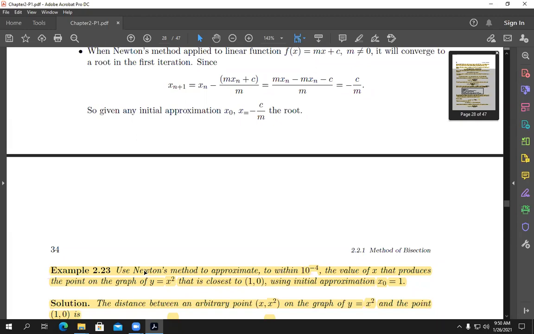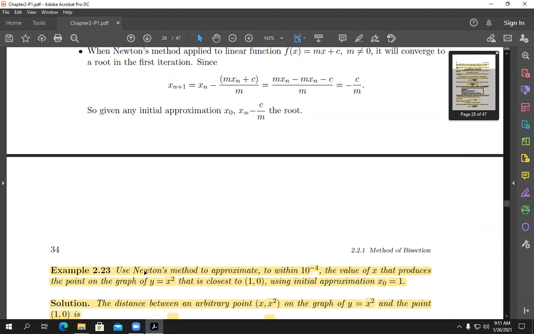Number 9. Number 10. Hassan? Yes. Number 11. Number 12. Number 13. Number 14. Yes. Number 15.